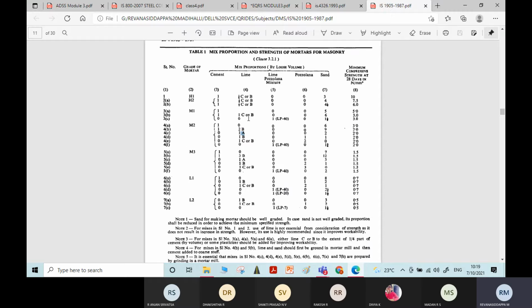Depending upon the Ca(OH)2 content in the lime, it is divided into hydraulic, semi-hydraulic, and fat lime. So here you will get different mixed proportions with respect to these notations.